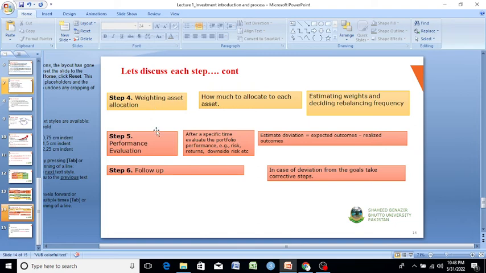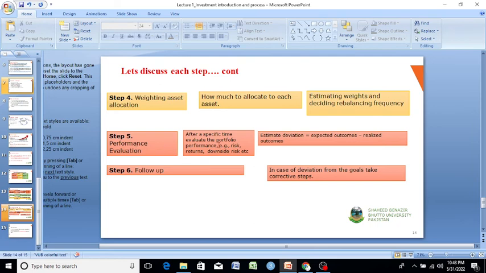The fifth step is this: after the weighting decision we have finalized our weights, so the portfolio is ready, and then we wait for a certain period of time so that our investment can mature. After some specific period of time we evaluate the financial performance of our portfolio.